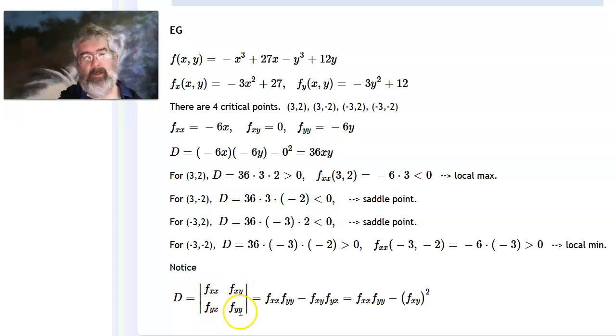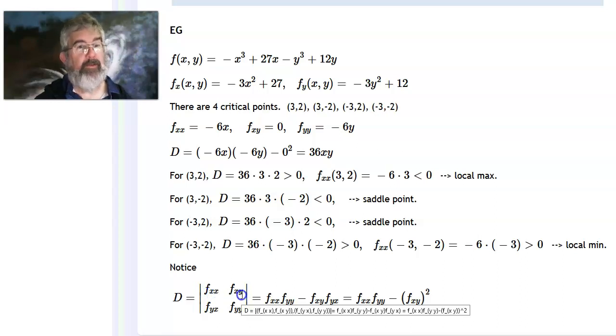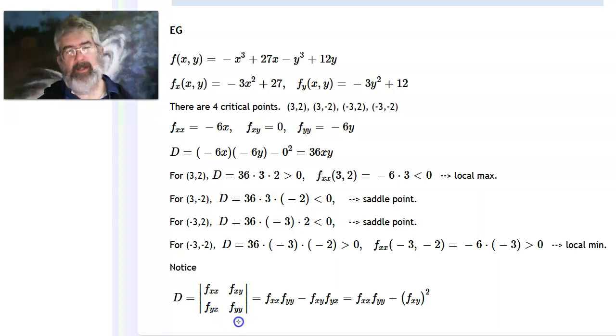So when you do this one times this one minus that one times that one, those two are the same, and you can just write it as one of them squared. Right? So that's the way I remember this formula, is to write it here. We start with the partial of f with respect to x, taking both the x and y partials of that, and then you have the partial with respect to y and the x and y partials of that.